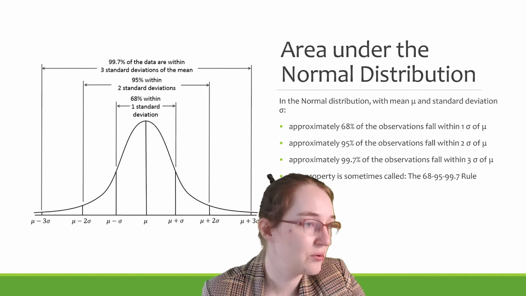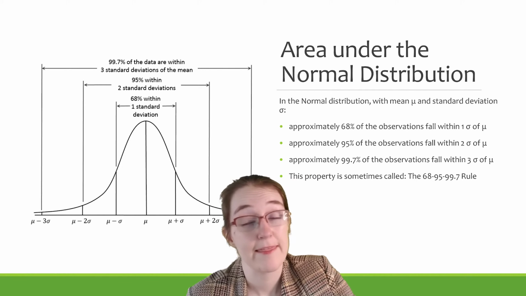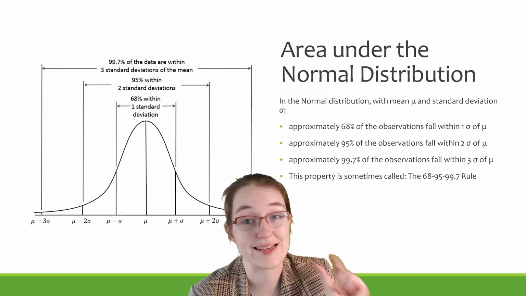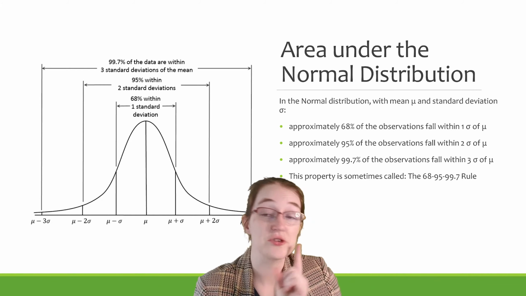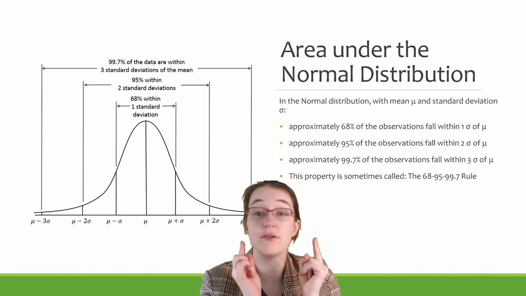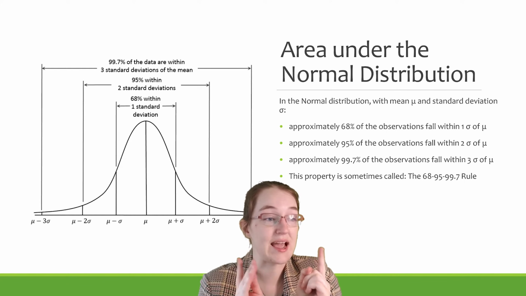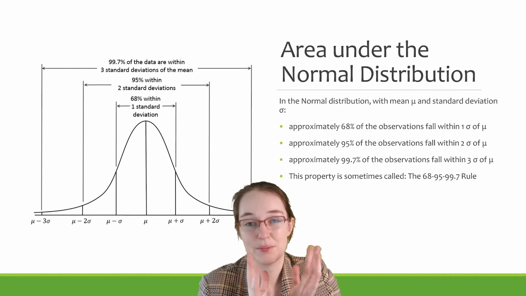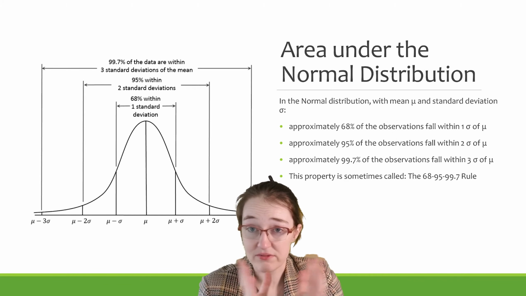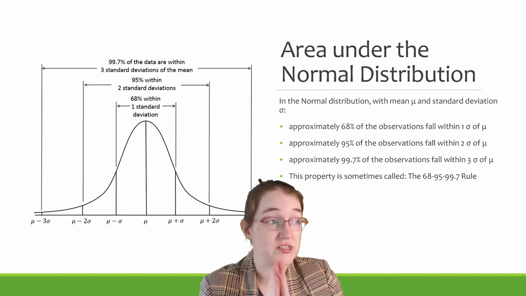Sorry. So, in the normal distribution, here are some key percentages and rules to know. One standard deviation out to either side captures 68% of everybody, so that's 68% of the area.